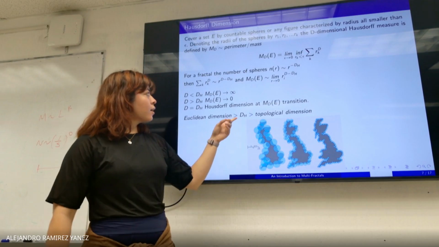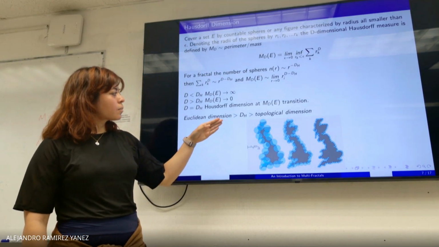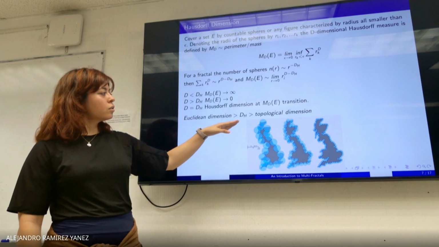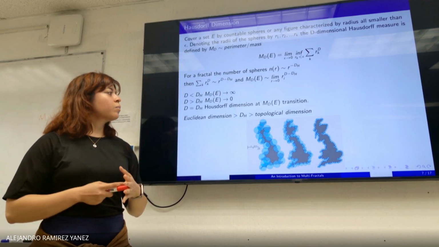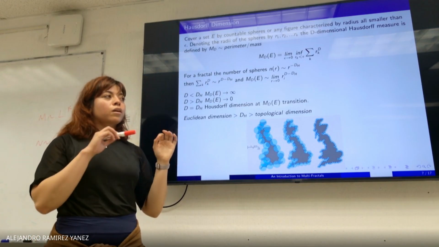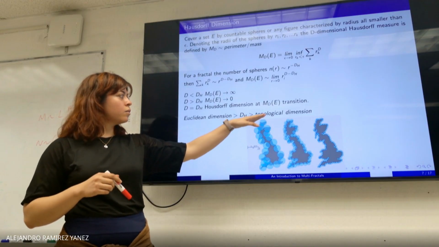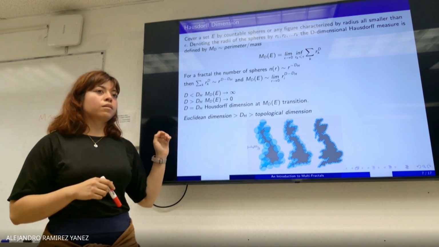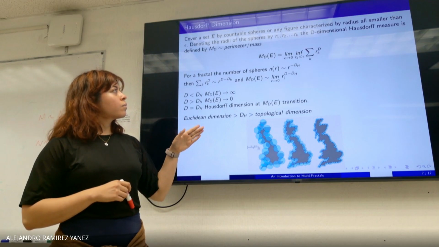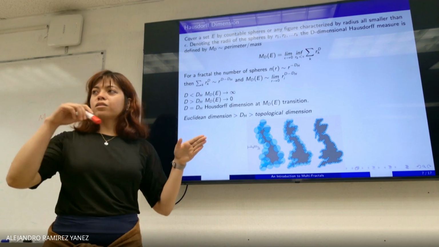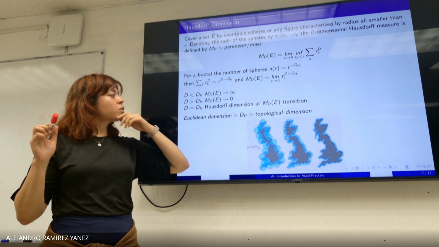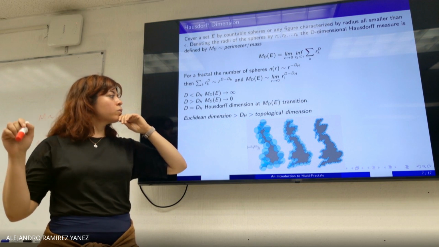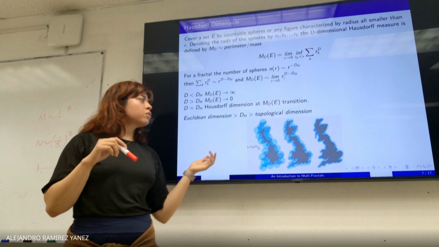Now, the Hausdorff dimension is bigger than the topological dimension. This can be seen in every example. For example, for the Cantor set, the topological dimension is 0, and the Hausdorff dimension is bigger. For this Koch curve, the dimension was around 1.2, and the topological dimension is 1.